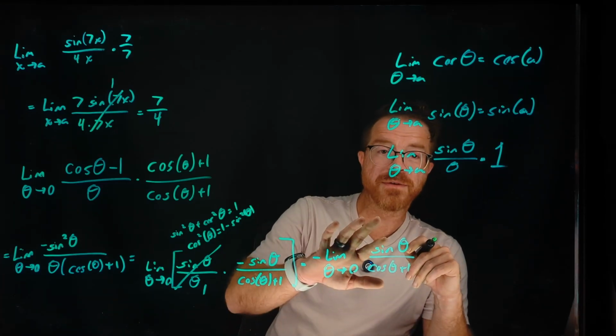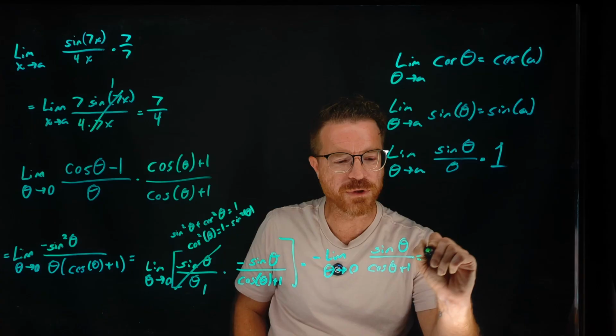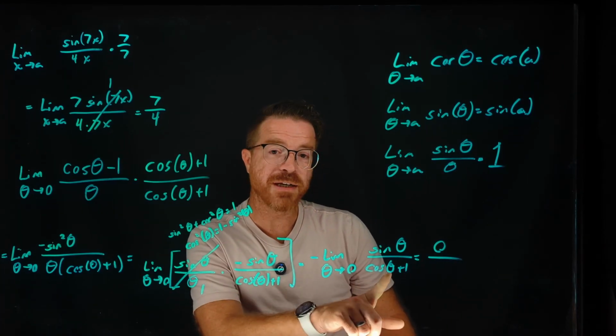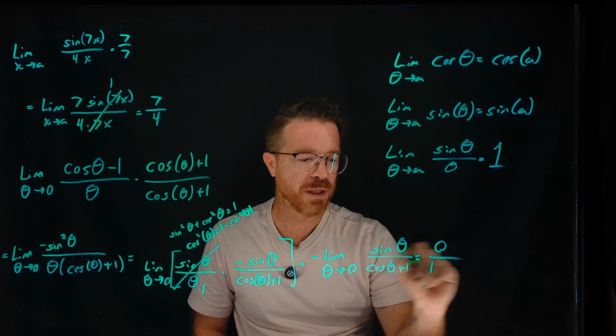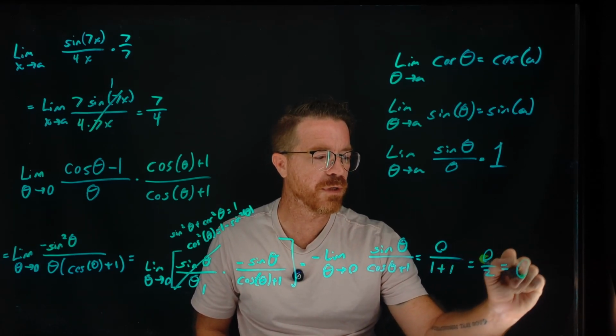And then if I take the limit of sine theta as theta goes to 0, sine of 0, using my substitution method, is equal to 0. Let's do the substitution method for the bottom. Cosine of 0 is equal to 1, plus 1 gives me 0 over 2, which is equal to 0.